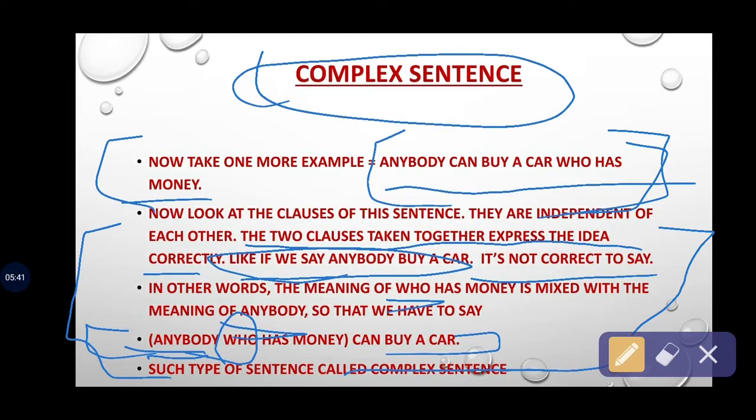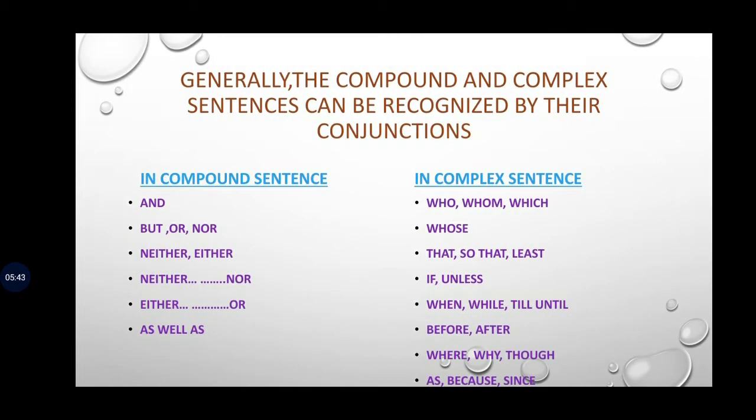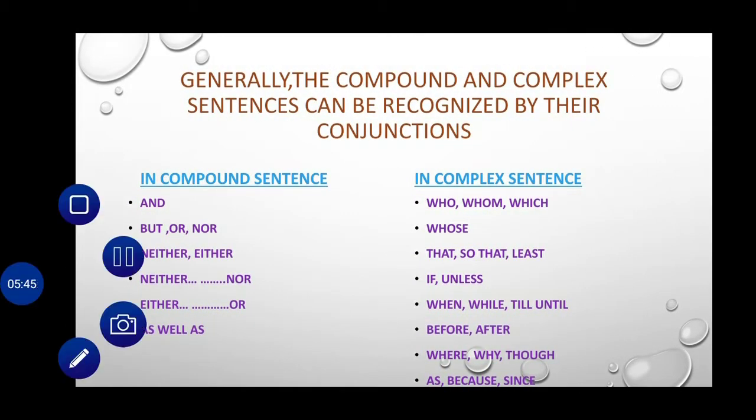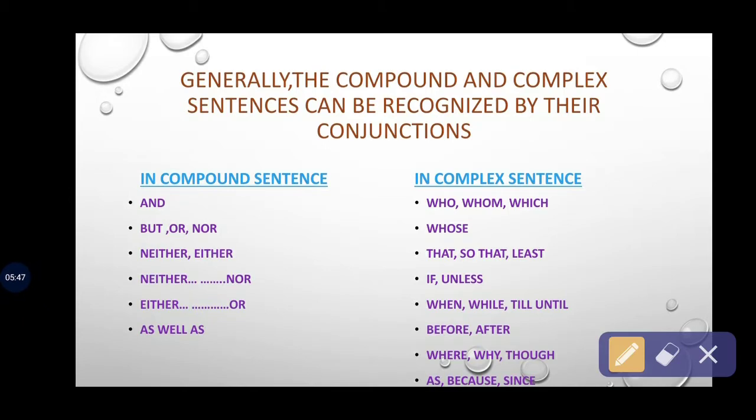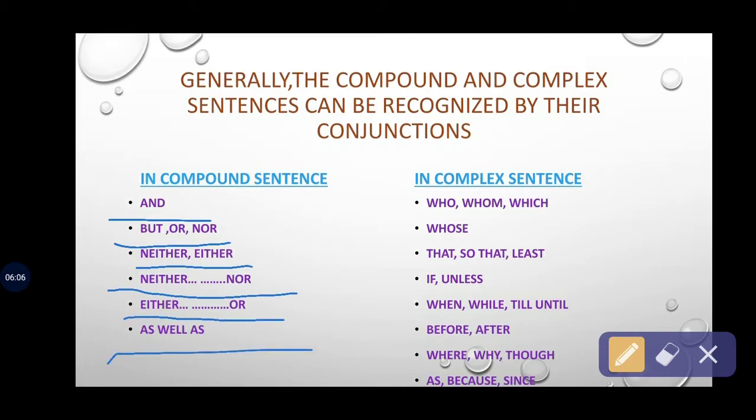Now we have the conjunctions that we use to make compound and complex sentences: and, but, or, nor, neither, either, and please consider that neither is always used with nor, and either is always used with or. And the last one is as well as.